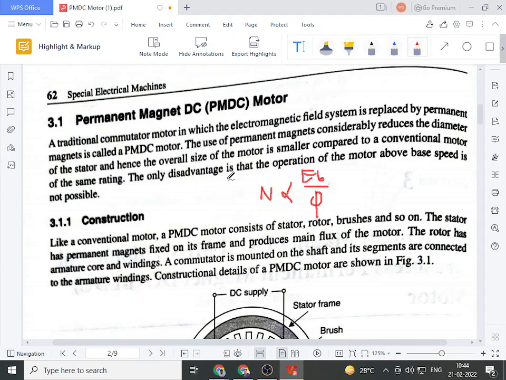After a longer time span there may be a reduction in flux if the strength of the magnets gets reduced, because when we use the motor for a longer period there may be chances of reduction in magnetic field strength, and if that happens, definitely there will be a change in speed. But that reduction is not expected in conventional applications, because flux is generally constant for permanent magnets. Therefore, we can't increase the speed of the motor above rated speed.